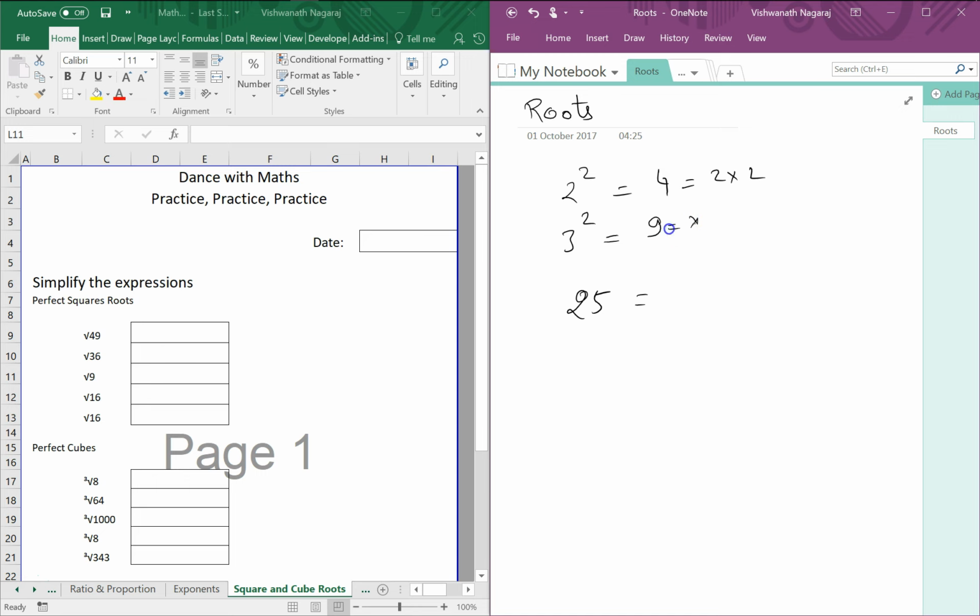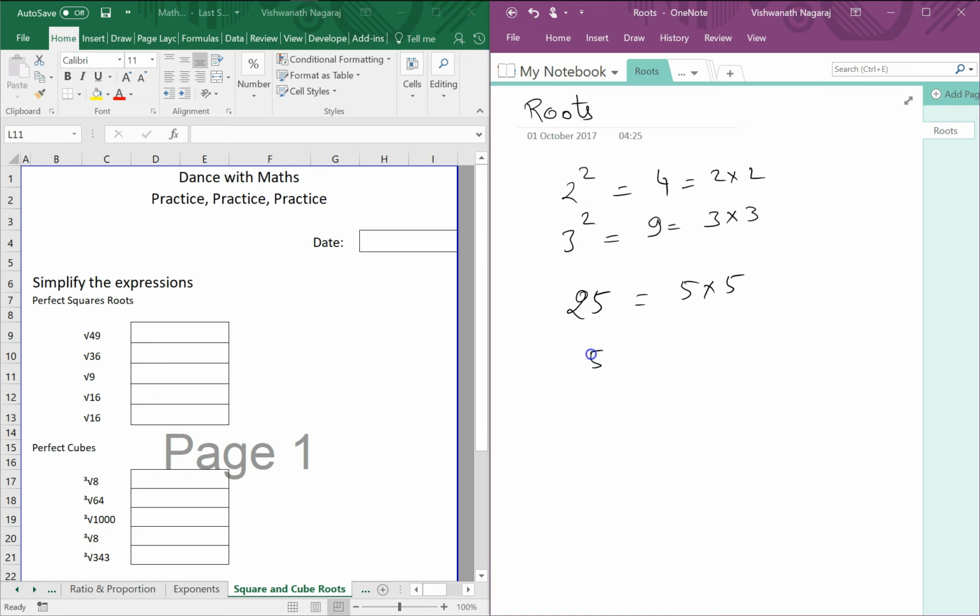Similarly, another number multiplied by itself gives you 9. When it comes to 25, what is that number which when multiplied by itself gives you 25? That is 5 into 5. Are you getting this?